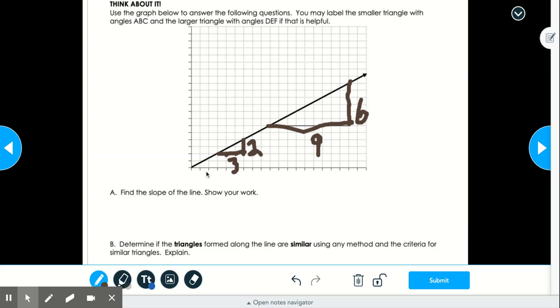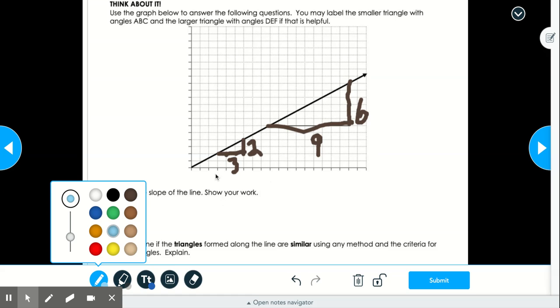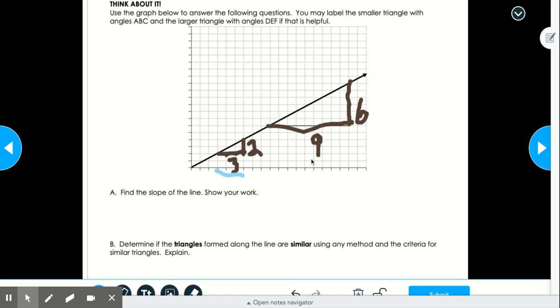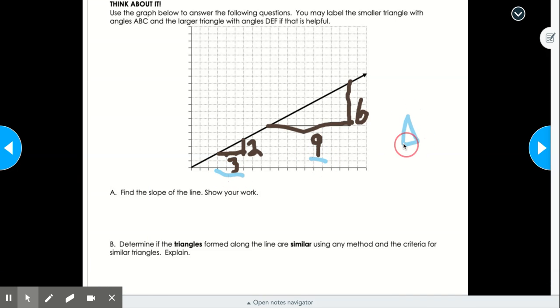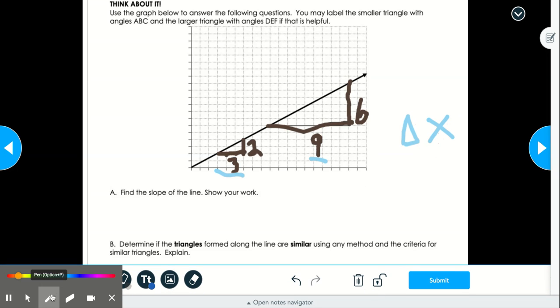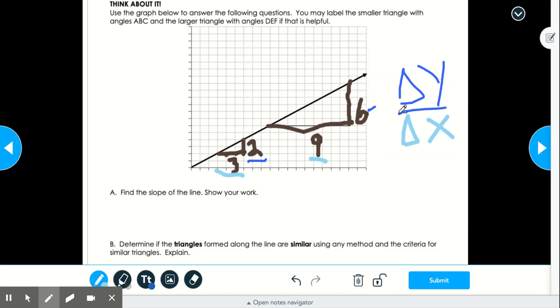So remember, these 3 and 9, these are my delta x's. Get a separate color. So this 3 and this 9, those are what we call delta x. And so that means my 6 and my 2 are my delta y's. And so I saw a couple people kind of flip these around, not exactly do what we should have been doing.